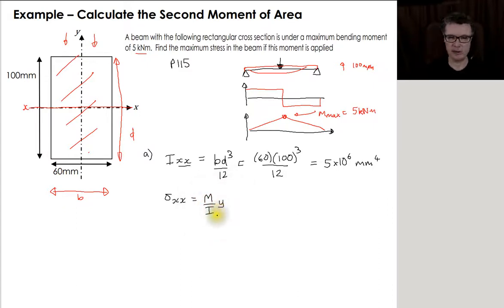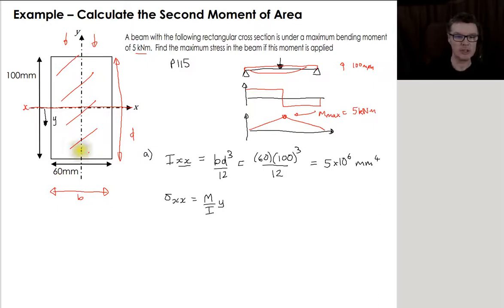It's slightly different in the book. I'm looking for the maximum stress. My I is now fixed, my M is fixed, but my y could be any value inside this beam, and I'm going to choose y to always point downwards in my convention, and I'll be flipping the M value depending on whether it's sagging, which is the case here, or hogging.